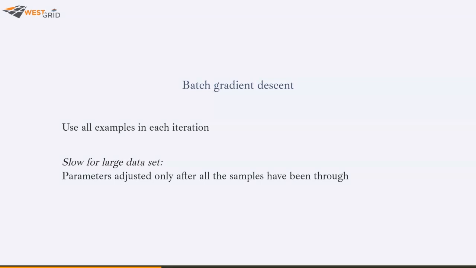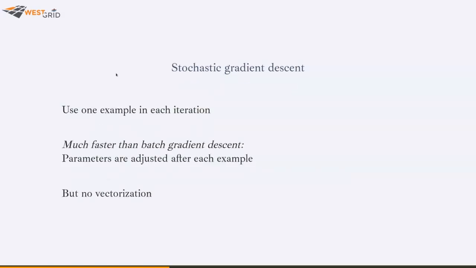There is what is called batch gradient descent, in which you use all of your examples, so, for instance, all of your input-output pairs in each iteration. And if you have a huge data set, that's a very slow process, because your parameters will only be adjusted at the end of the iteration. So you'll have to go through a huge amount of data before any adjustment is being made. And also, if you have a really large amount of data, probably not all of it is all that useful.